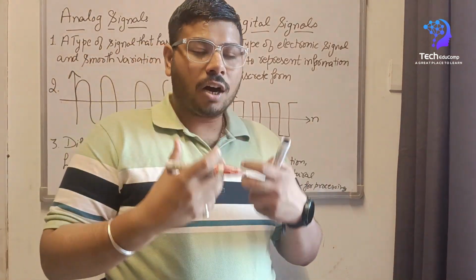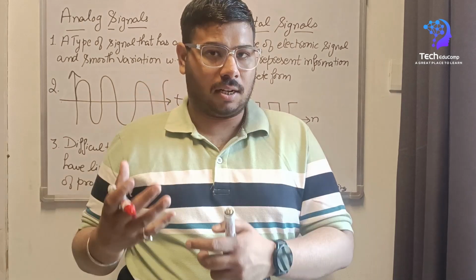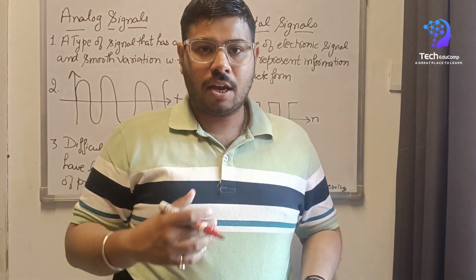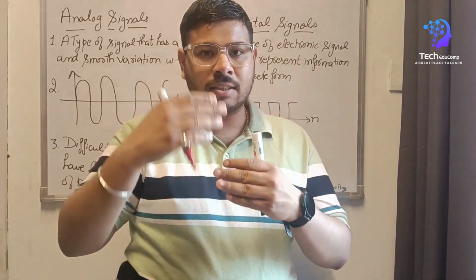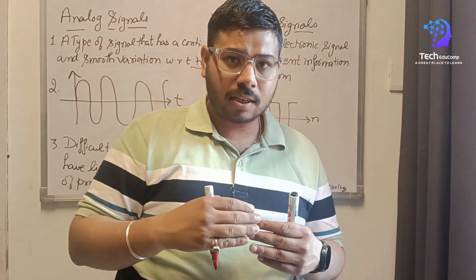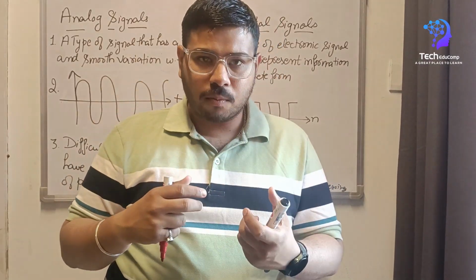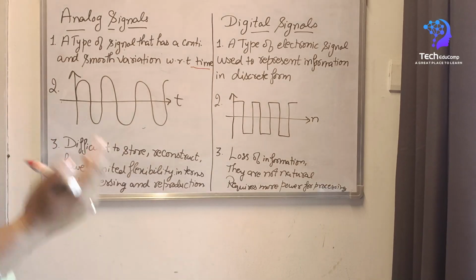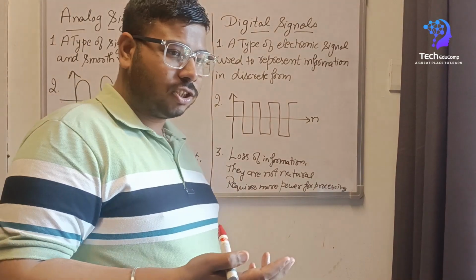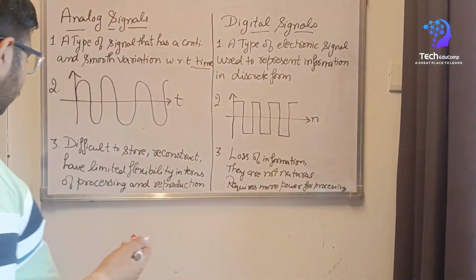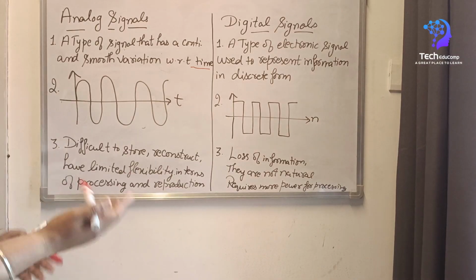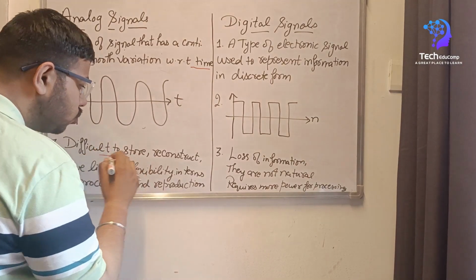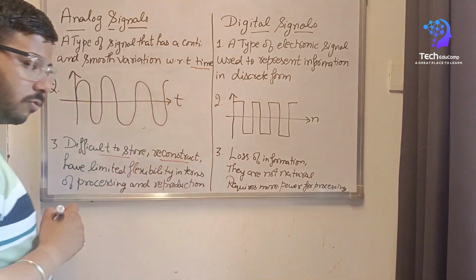Like our voice, it's not digital, it's analog in nature. We speak, and sometimes it's at a high pitch or low pitch, sometimes a deep pitch also. Because it's natural in nature, it's difficult to store and difficult to reconstruct.